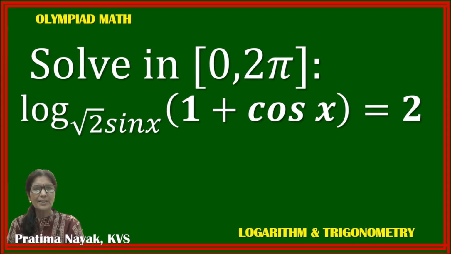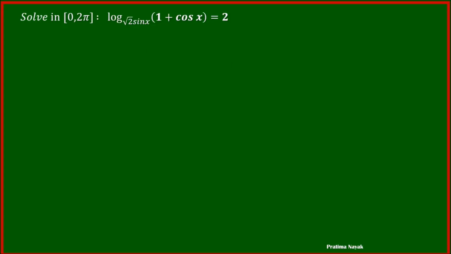Solve the question in the period 0 to 2 pi, both included: logarithm of 1 plus cos x to base square root of sin x is equal to 2. So if you recall the concept of logarithm and exponential, if a raised to the power b is equal to c, that means logarithm of c base a is equal to b.